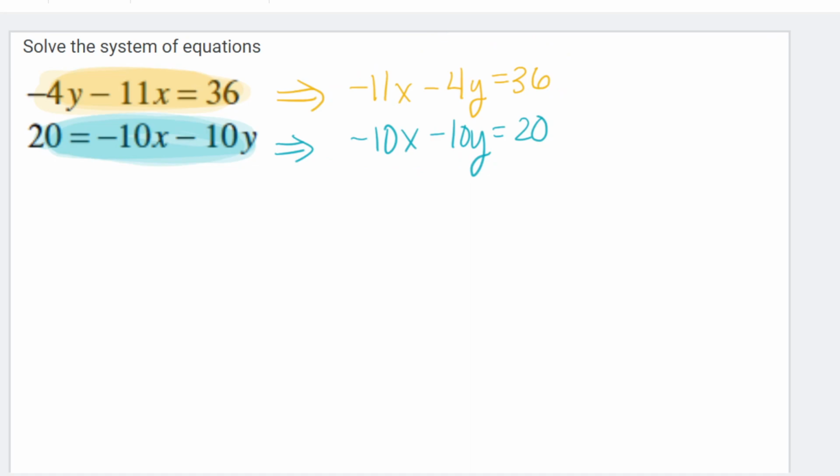All right. So I could decide between the 10 and the 11, or between the 4 and the 10. Now, sometimes you could just multiply one equation and get it to match, but none of them are really that easy. So I'm going to choose to match the y values.